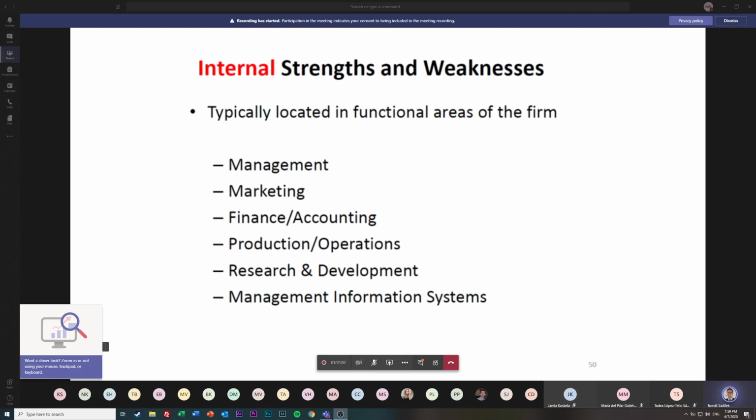If speaking about the external opportunities and threats, we are typically putting there the outputs from the external analysis. If you remember, we did the PESTEL analysis for the political, economic, social, technological, legal and environmental factors.